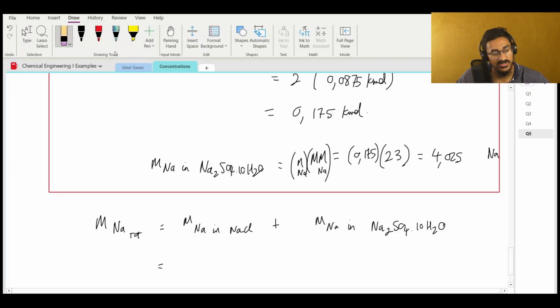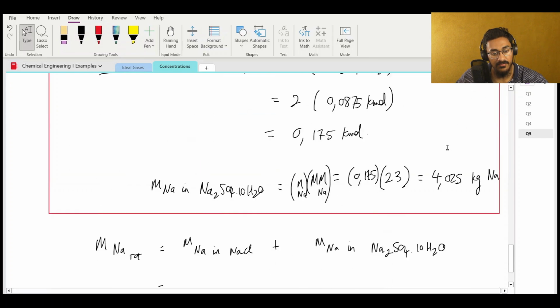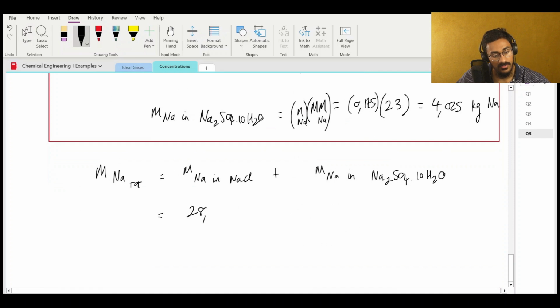Too many rookie mistakes today. This is kilograms of Na. Okay, so we've got 28.29 kilograms plus 4.025 kilograms of Na.